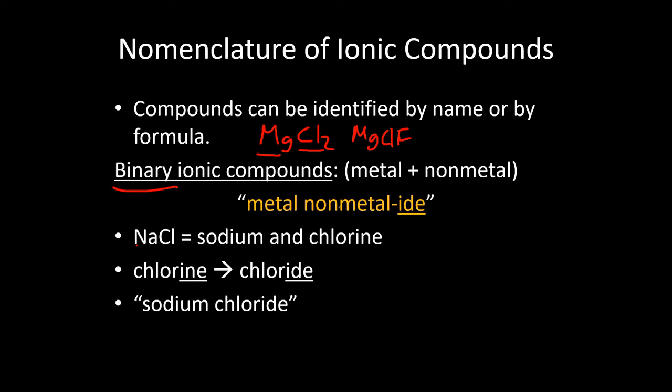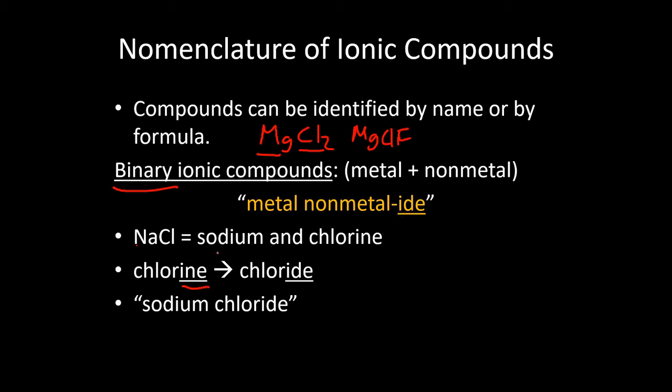So, sodium and chlorine is what we're looking at here as an example. The sodium is the metal. The metal's name does not get altered at all. We don't mess with that one. We just take the name of the nonmetal, which is chlorine, take the "ine" ending here, and we replace it with "ide."